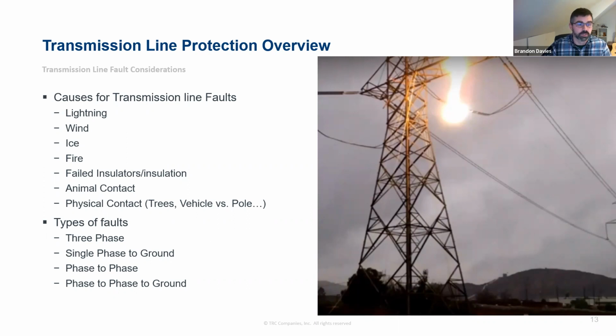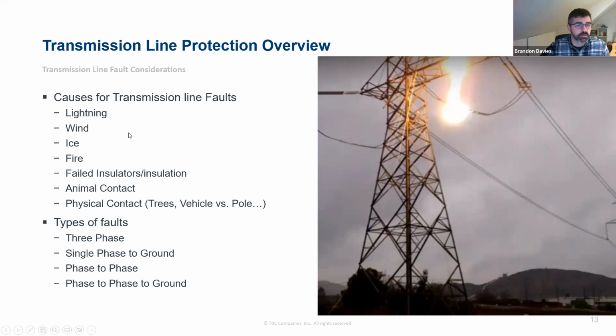You can walk around underneath the transmission line, or trees can grow underneath it, and things like that need to be maintained, but it's a less controlled environment. It's still controlled to some aspect, but not as much, which means there's a higher likelihood of a fault occurring on it.